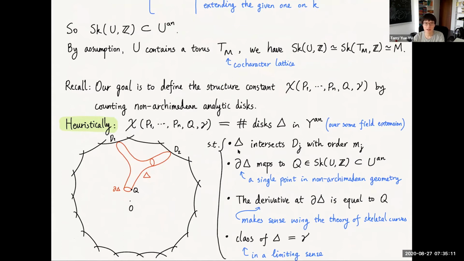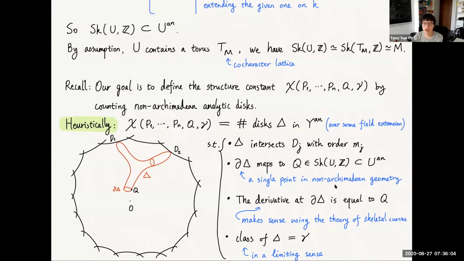First, as in the definition of the counts for the Frobenius structure conjecture, we ask that the holomorphic disk Δ intersects the divisors D_j with given order m_j. So like here, it intersects D_1 and D_2 with some given order. And next, we ask that the boundary of the holomorphic disk maps to the point Q in this set of integer points in the essential skeleton, which we remarked is just a subset of the analytification. So Q lives naturally in the analytification, and we ask the boundary to map to Q.